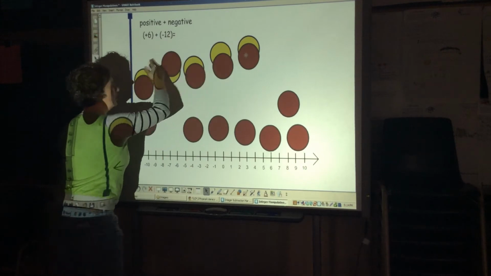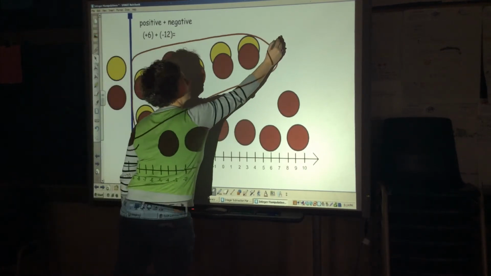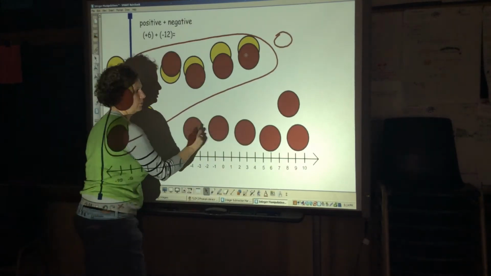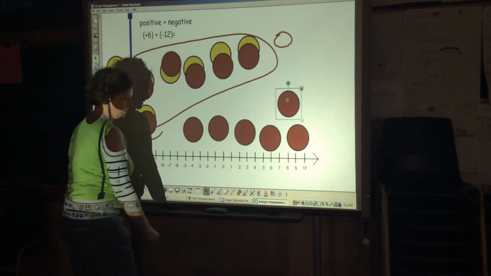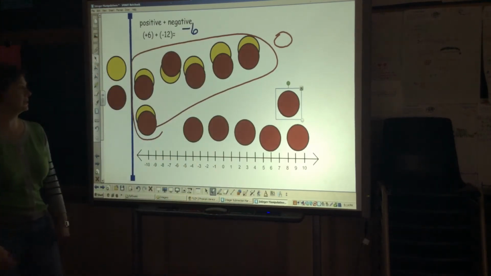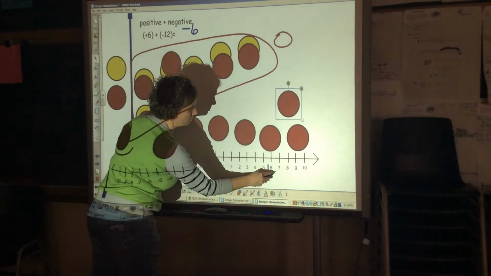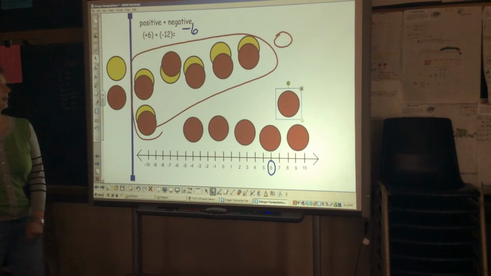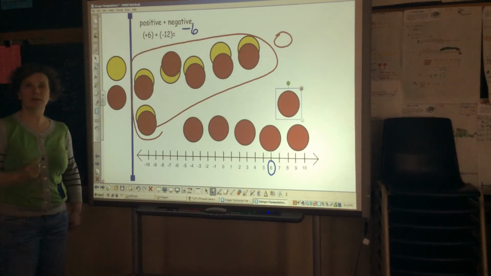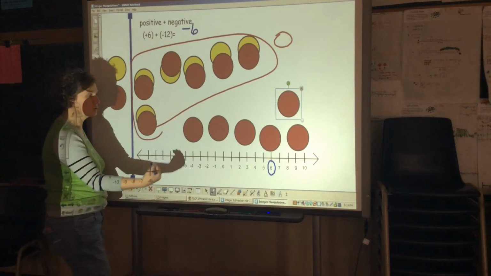So remember, all of these here, they are all 0. So what do I have left? I have 1, 2, 3, 4, 5, 6, and they are red. So I have negative 6 as my answer. On the number line, because I'm starting with positive 6 here, and I am adding negative 12, that means I need to go 12 units to the negative side, or to the left.